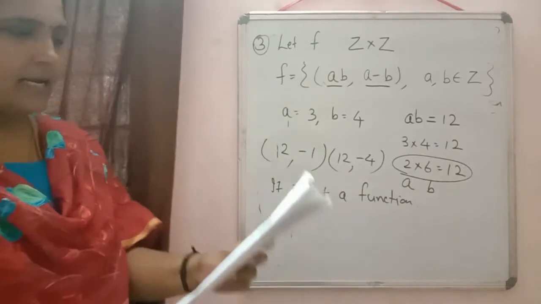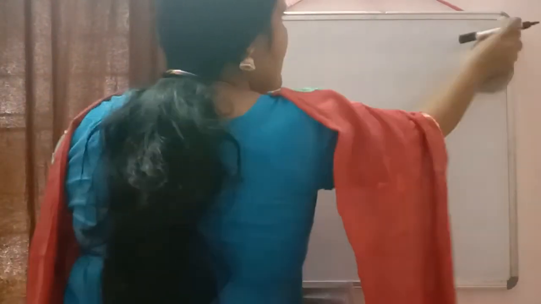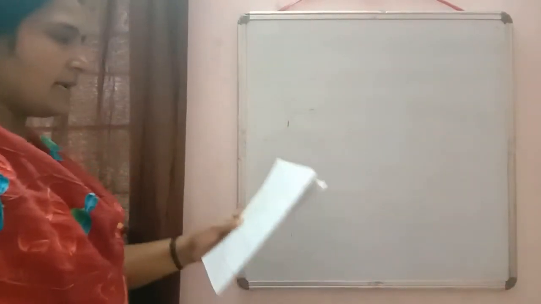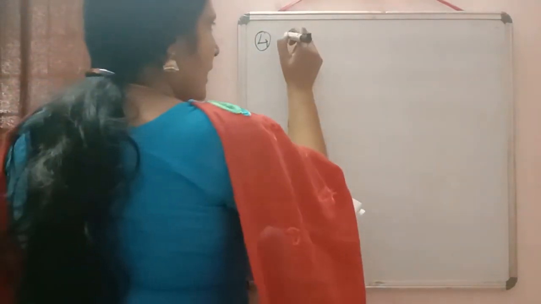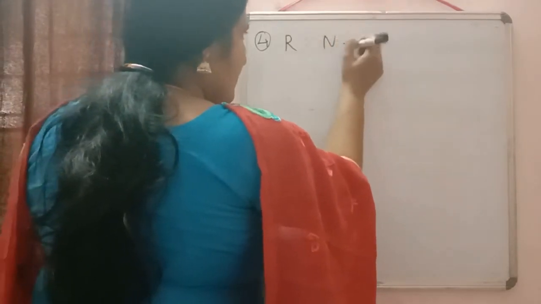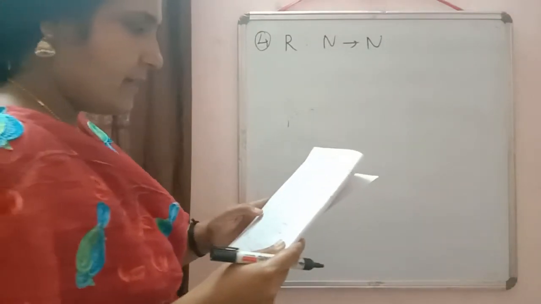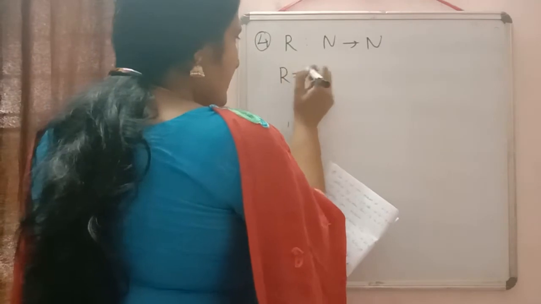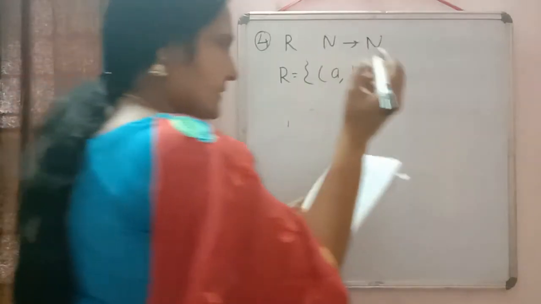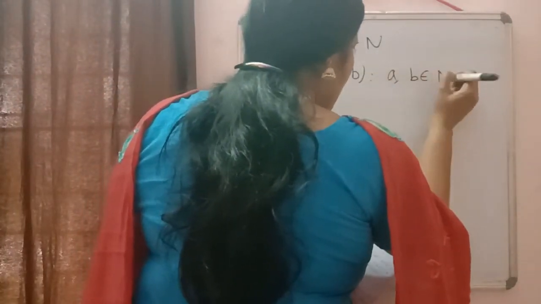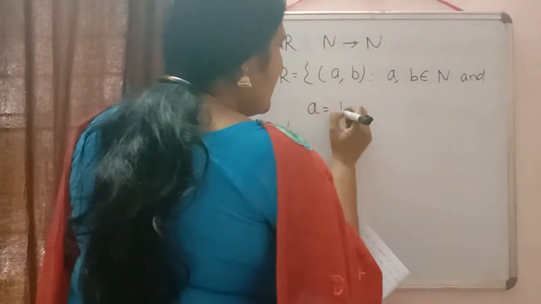Okay. Now write down question number 4: let R be a relation from N to N, from the set of natural numbers to natural numbers, defined by R is equal to the set of all ordered pairs (A, B) such that A, B belong to N and A is equal to B cube.